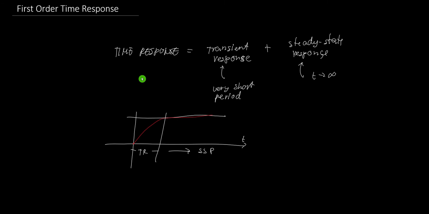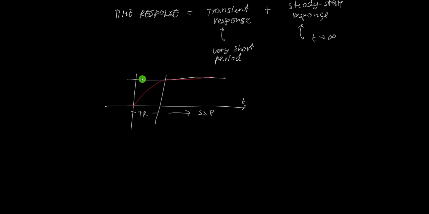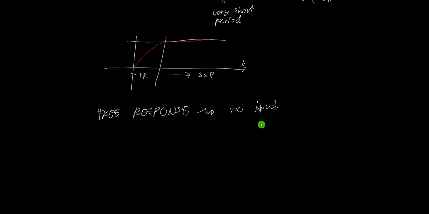There are also other definitions of response. We have the free response. When we say free response, this is the response of the system when there is no input. If your input to the system is equal to zero, whatever the output is, that's the free response.